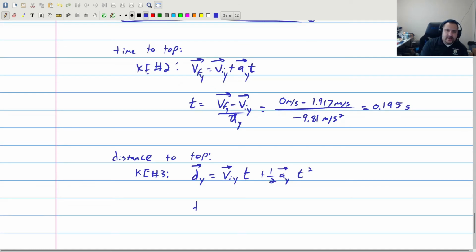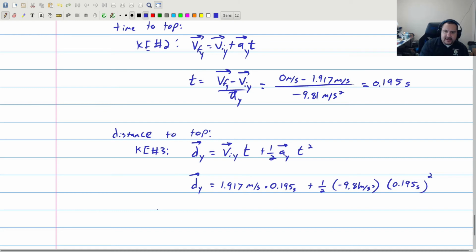There's nothing we can do about it. dy is equal to v initial in the y direction, 1.917 meters per second, times a time of 0.195 seconds, plus 1/2 times ay, negative 9.81 meters per second squared, times 0.195 seconds squared.